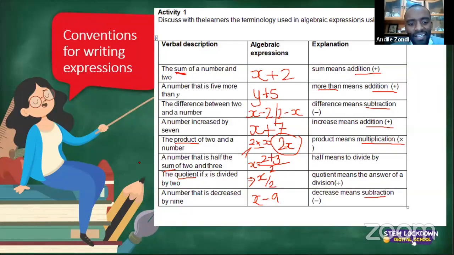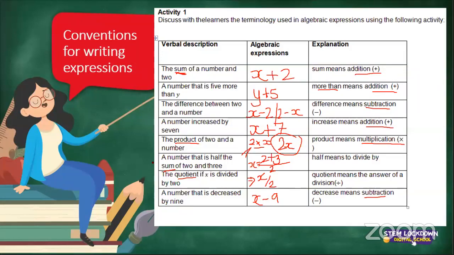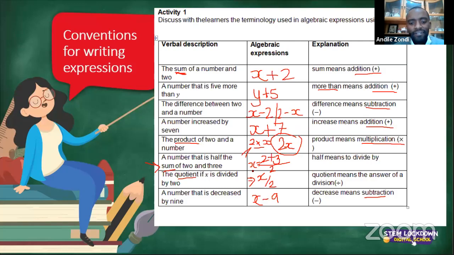This one. The one which says a number that is half the sum of 2 and 3.